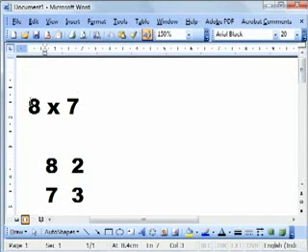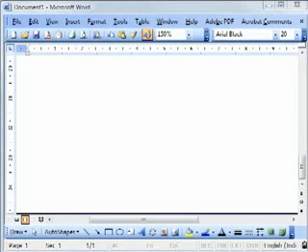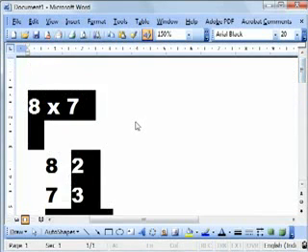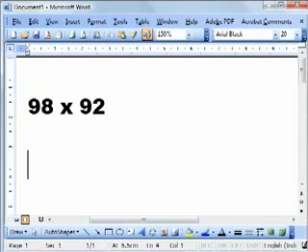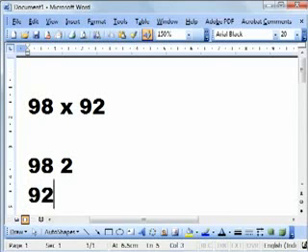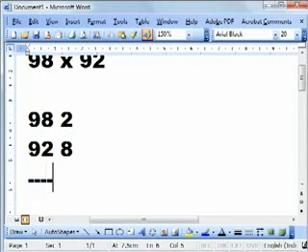Let's try an example. Say 98 multiplied by 92. 98 is 2 below 100, and 92 is 8 below 100.